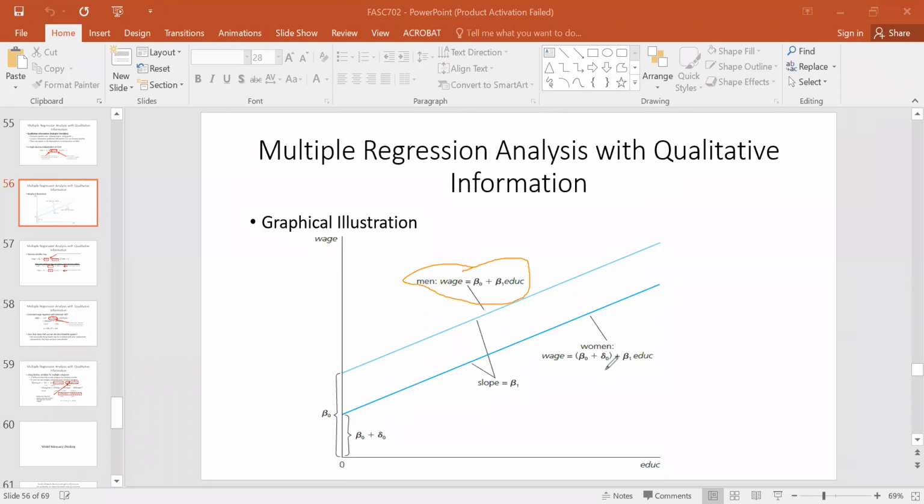Although I left out a category called men and created a dummy variable called female, I'm still able to tell that the difference is delta 0. So I say women make delta 0 more than men. I'm still able to have some idea about the position of men.